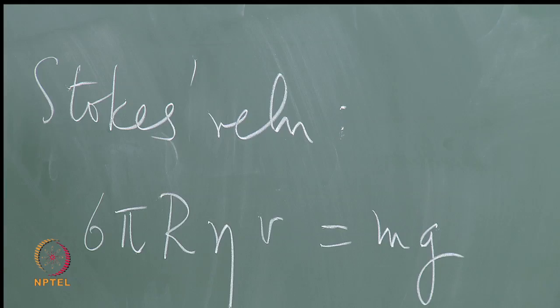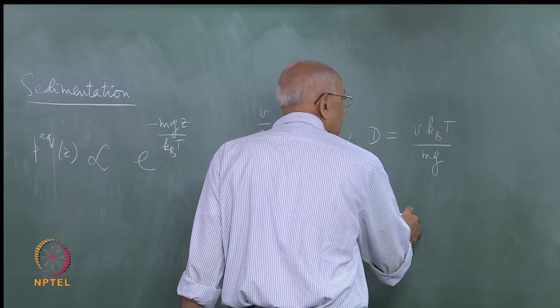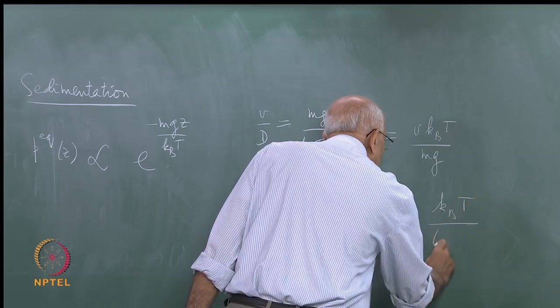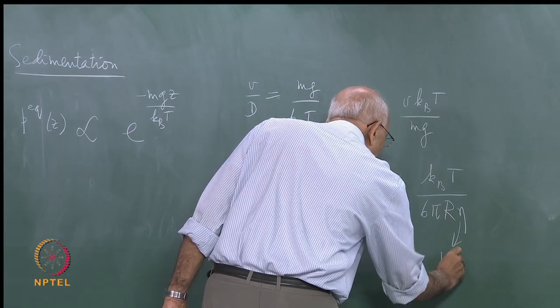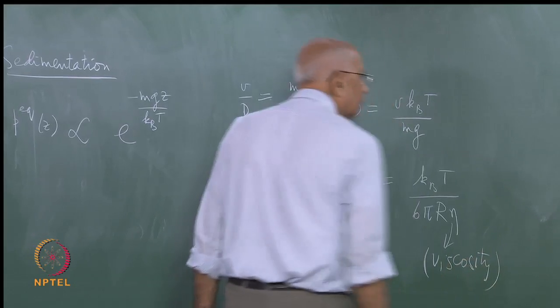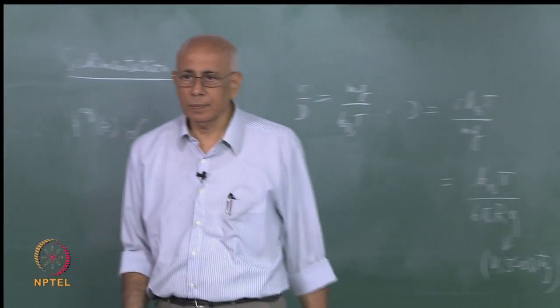So you put that in, and then this becomes equal to kT over 6 pi r theta. This is the viscosity of the fluid. And that is the radius of the particle right there.